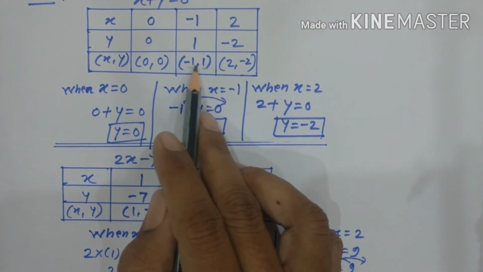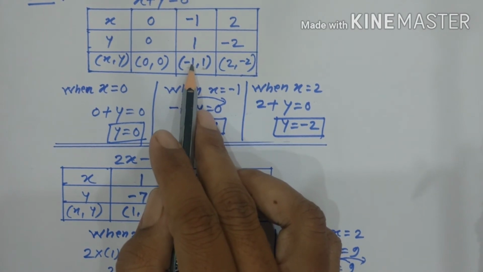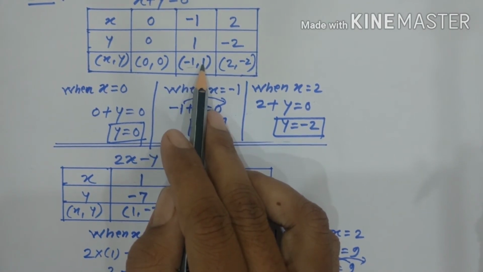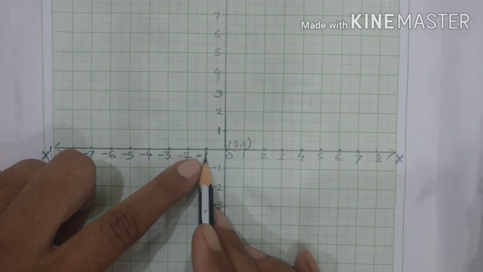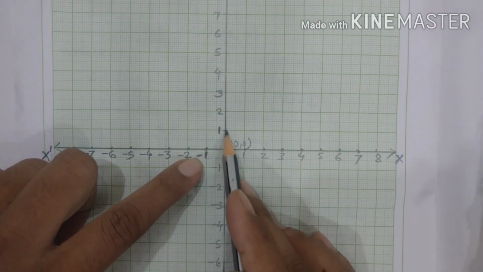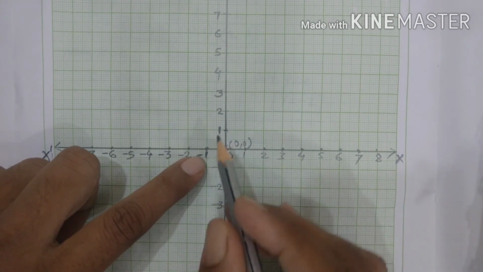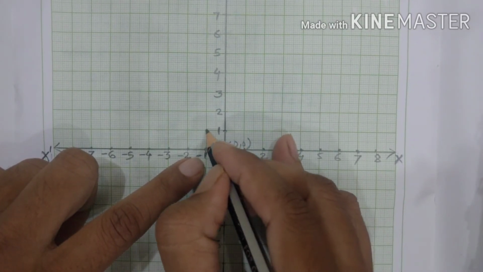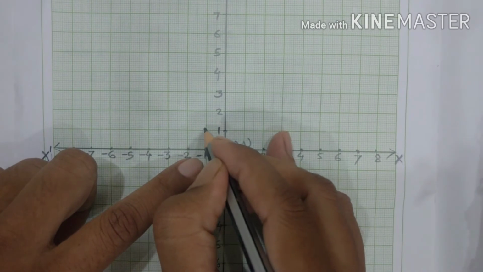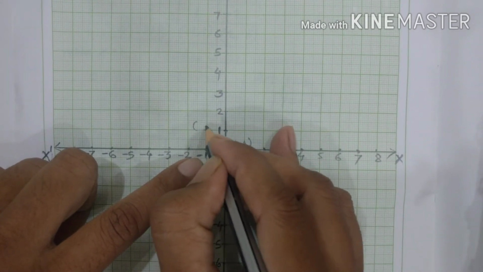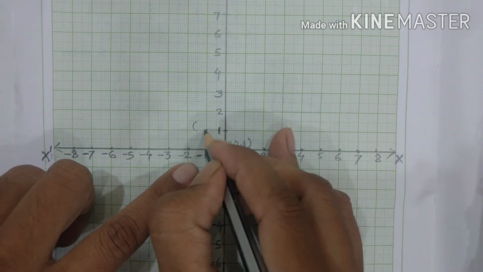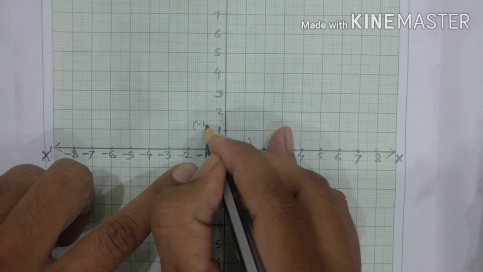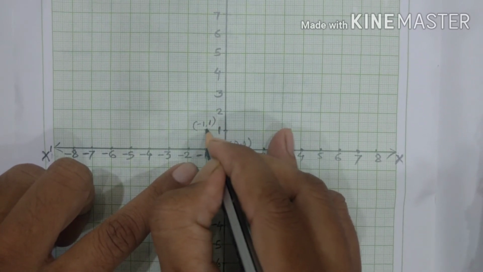Here always remember that the first value is the coordinate of x and the second value is the coordinate of y. So minus 1 is the coordinate of x and 1 is the coordinate of y. So here we get the point minus 1, 1.